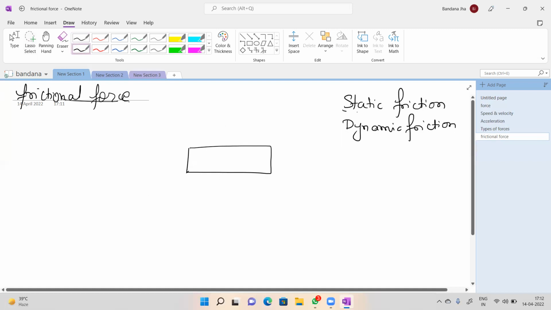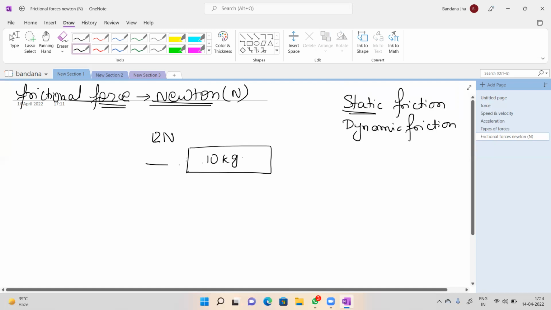Now see here. The body wants to remain at rest. Suppose this is a 10 kg brick and it will move if I apply 12 Newton. The SI unit of force is what? Newton, denoted by N. So if the brick moves when we apply 12, 13, 14 Newton, whatever, then the brick will move.